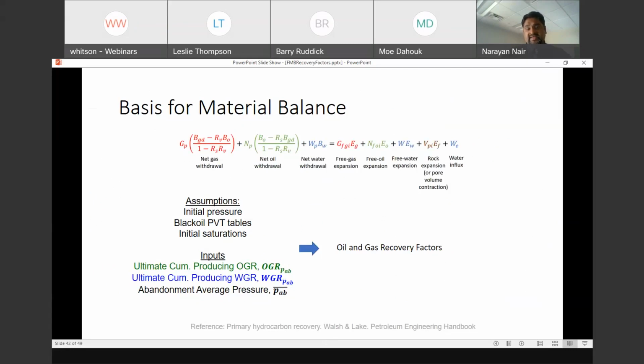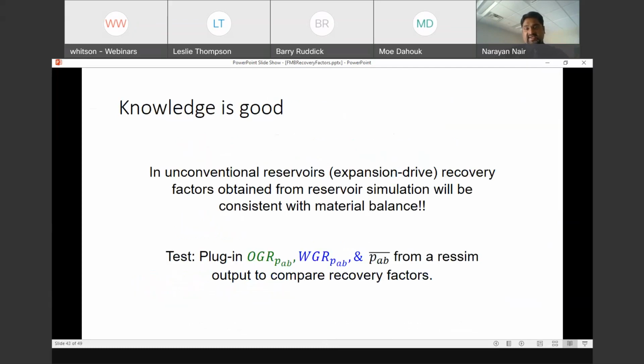The next slide is about something I did not realize as a simulation engineer: these equations are not mutually exclusive from reservoir simulation. The point of this slide is that in a reservoir simulator, you are using a numerical simulation to forecast these ratios versus time. We take it for granted because we simulate with a set of assumptions that gives us those ratio predictions and the abandonment pressure over time.